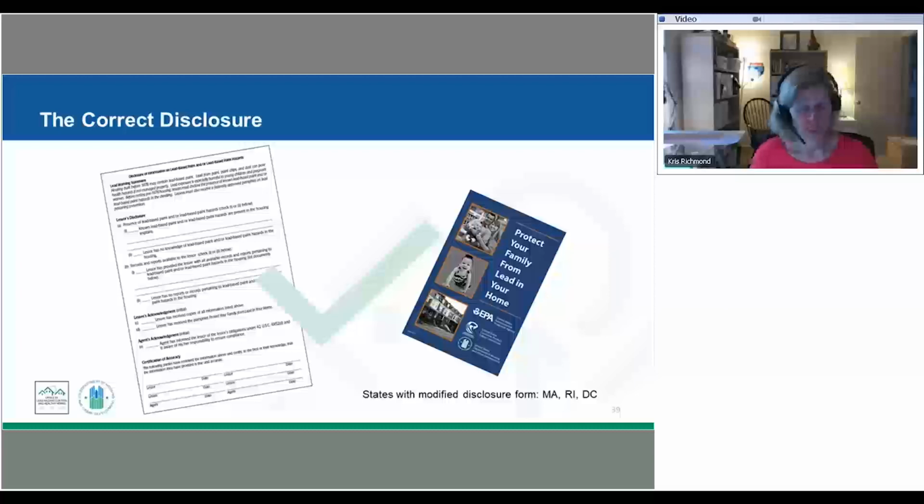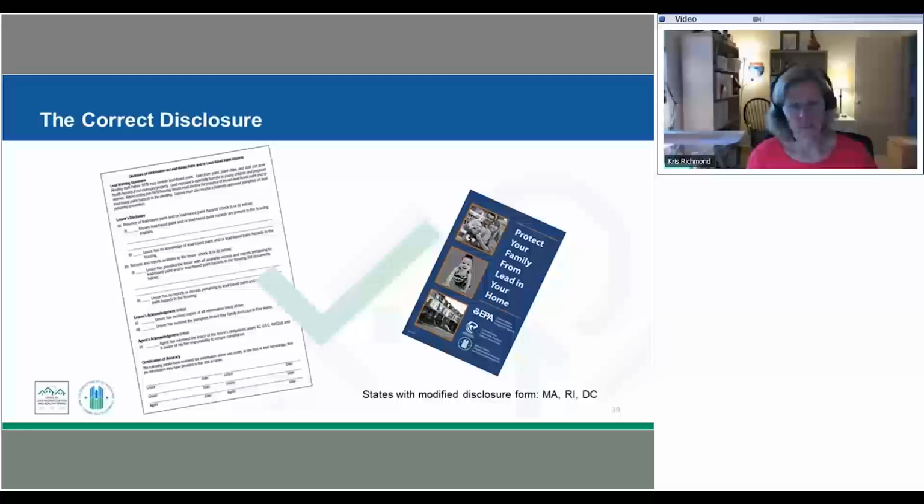So there are 10 possible violations per disclosure form, and each violation is subject to a $19,507 penalty. So it could be almost a $195,000 penalty per lease transaction. So please be sure that your PHA is using the correct form, that it's being completed correctly.